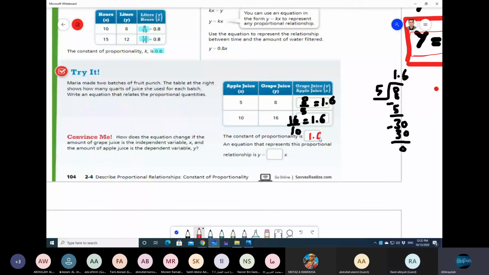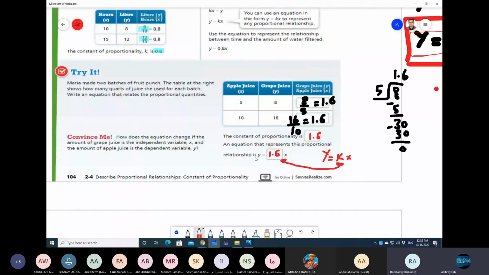So we can write an equation that represents this proportional relationship. If you remember, the general form is y equals k times x, and we found that k is equal to 1.6. So you put 1.6 here.